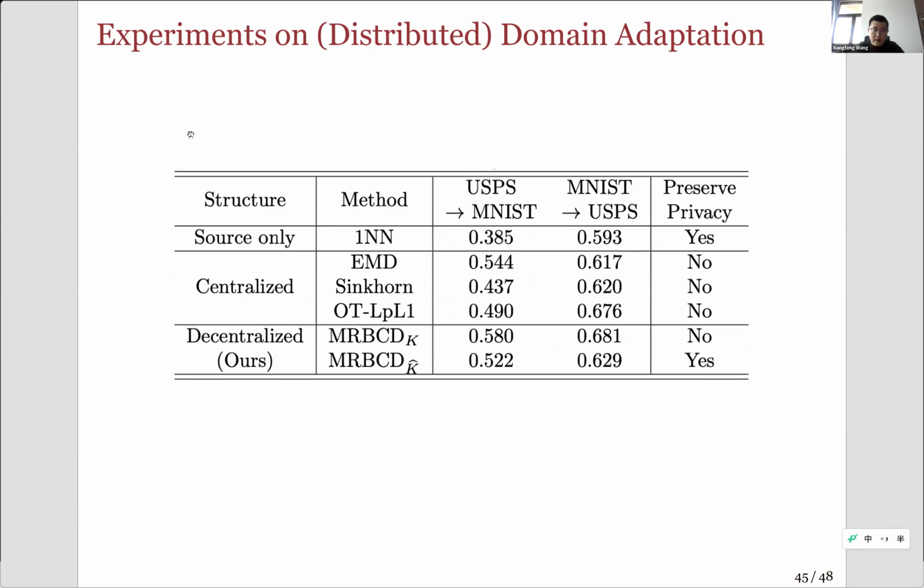In this case, we can find that if we employ the decentralized mini-batch randomized block coordinate descent method, we can guarantee the best score, and we can solve the domain adaptation problem more efficiently, and also preserve the privacy.